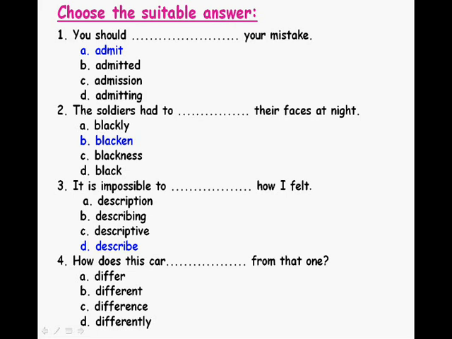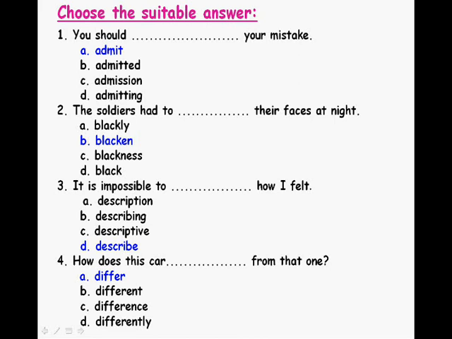How does this car from that one? And you need to put, of course, as we said, a main verb in this question. Excellent. So it will be, how does this car differ from that one? This is the verb. Differ is the verb. Okay?